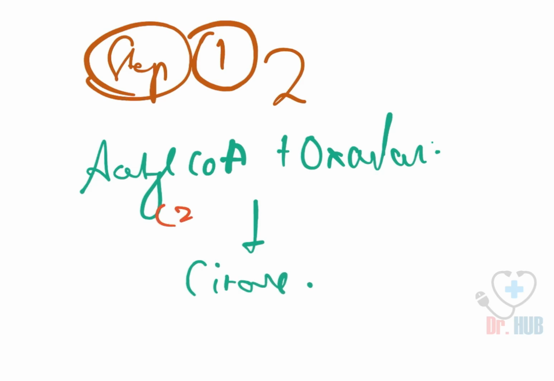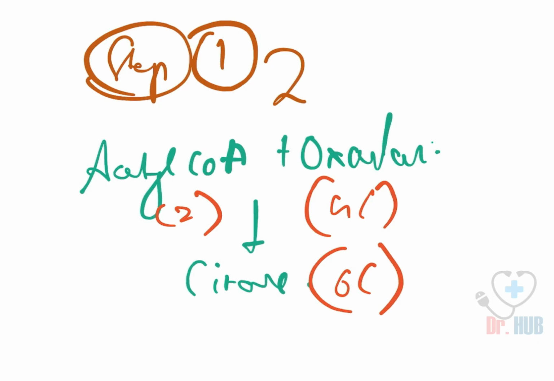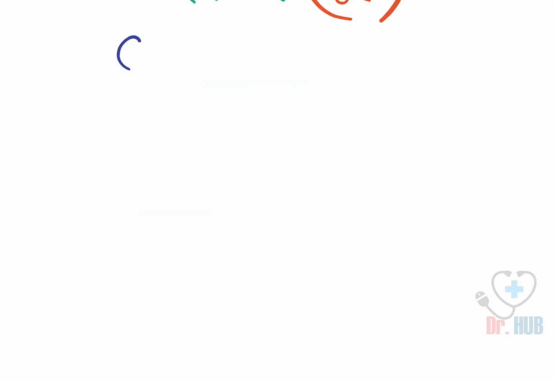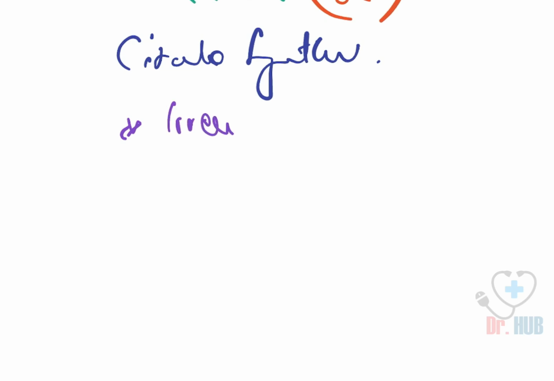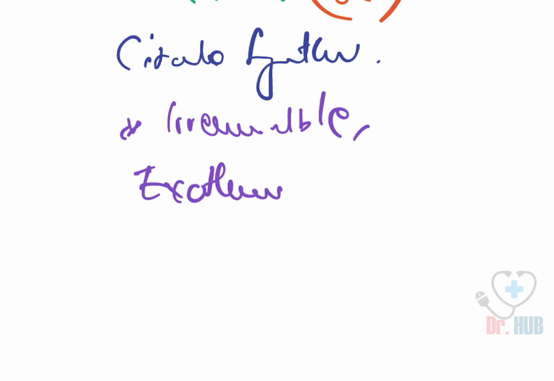What we see here is 2C plus 4C giving 6C. The enzyme here is the citrate synthase. The speciality here is that it is irreversible, as well as an exothermic reaction.